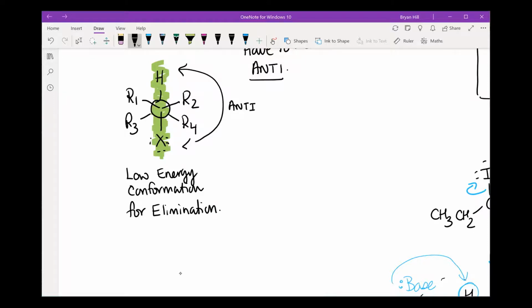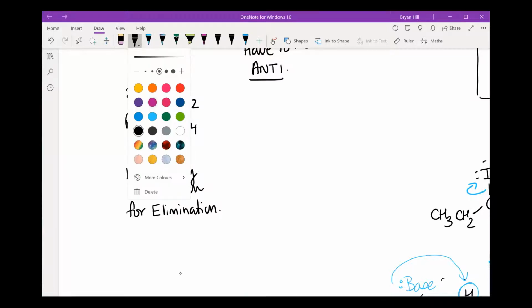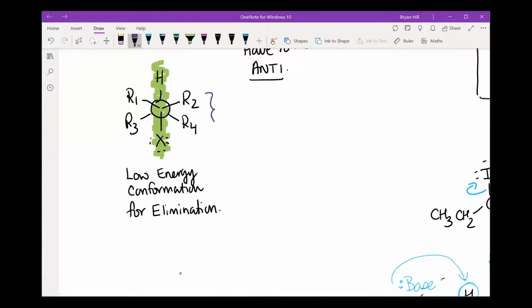So if this is to take place, we're going to generate a double bond in which, I'm going to erase this little anti bit here for a second. These two groups are going to be on the same side. And these two groups are going to be on the same side.